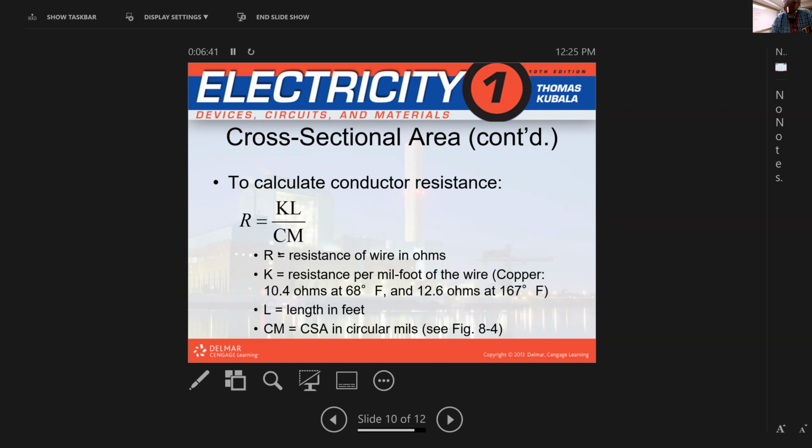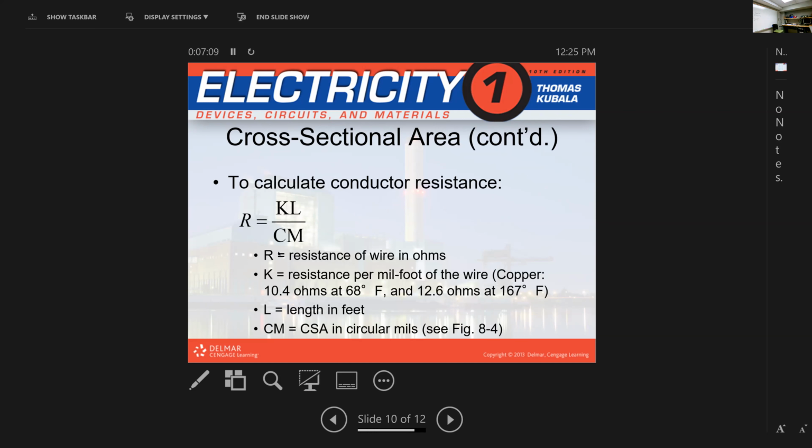To calculate the resistance of a piece of wire, the resistance is going to equal this. There is a K factor, and this K does not mean thousand, and this one time, K does not mean kilowatt. K is a constant factor that represents the number of ohms of a mil-foot of wire at a particular temperature.